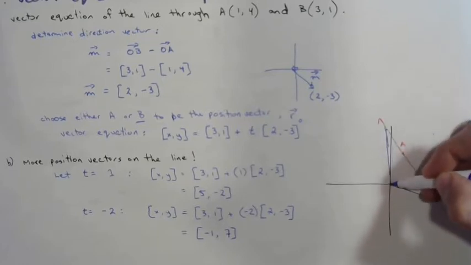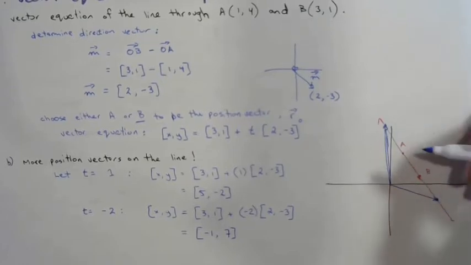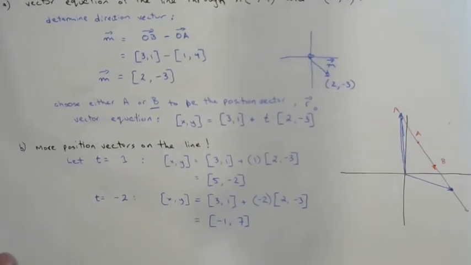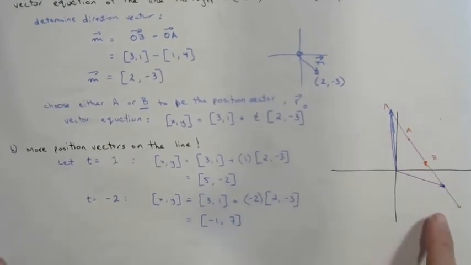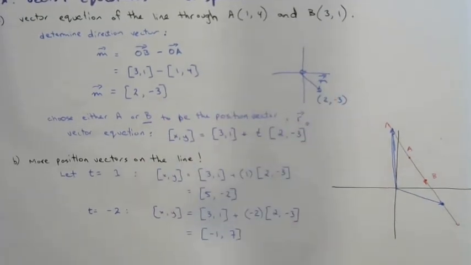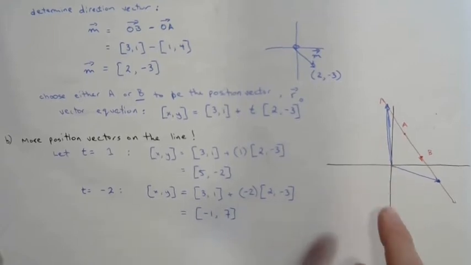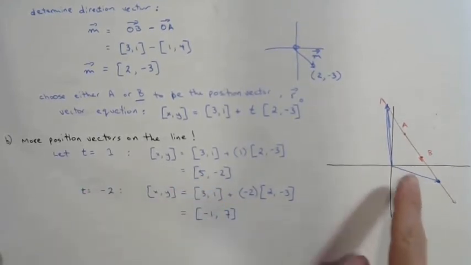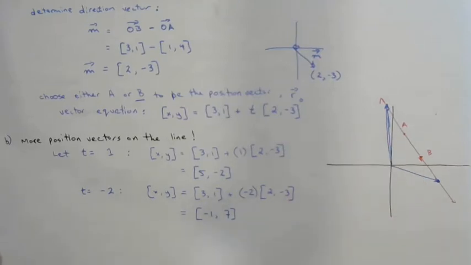Something like that. All right. So the red is the line AB that goes through 1, 4 and 3, 1. And the 2 blue ones that I drew there are our position vectors that also have their tip on the line. And there's an infinite number of those, clearly.